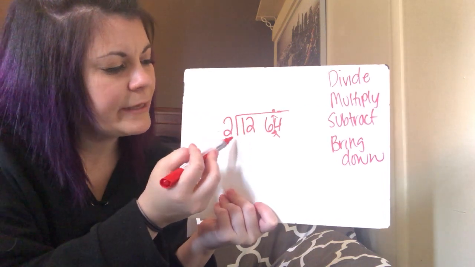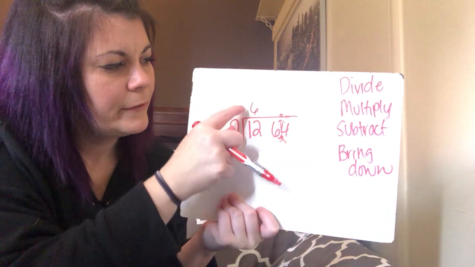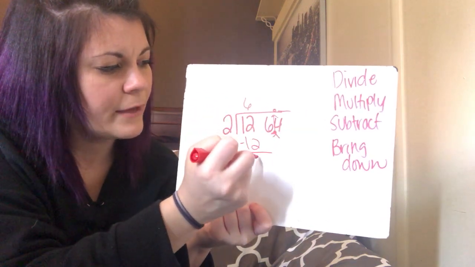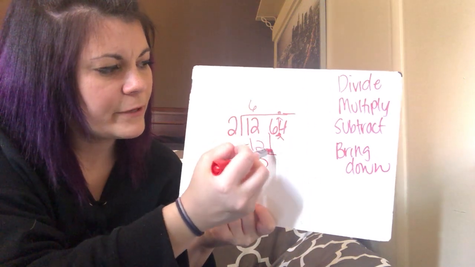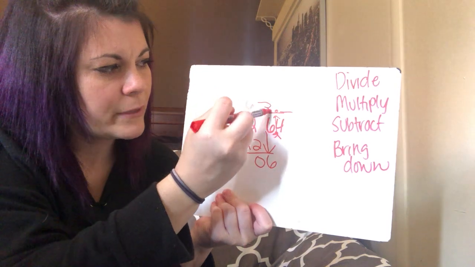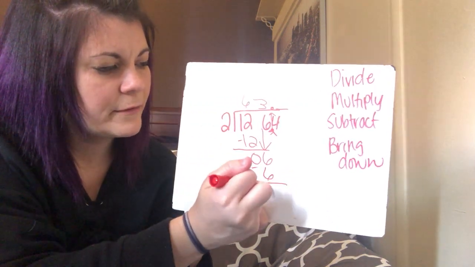2 goes into 1, can't do it. 2 goes into 12, 6 times. 6 times 2 is 12. We're on our third step here, subtract. Fourth step says bring down the 6. 2 goes into 6 3 times. 3 times 2 is 6, subtract.